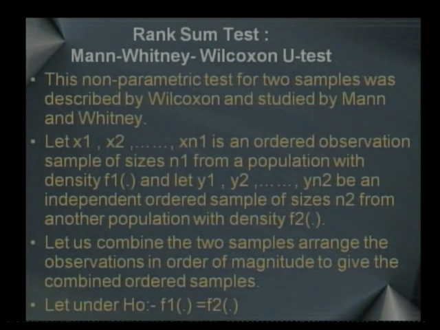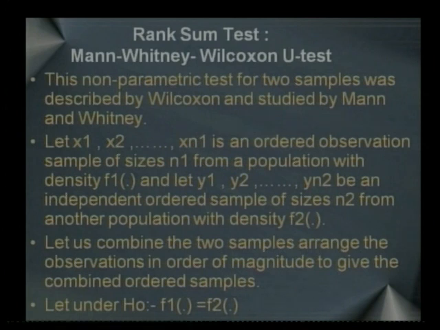We have assigned 3 ranks for 61, 62 and 63. Now I have to give 3 ranks again, 4th, 5th and 6th. So I will take the average of these 3: 4 plus 5 plus 6, which is 15, divided by 3, which is 5.